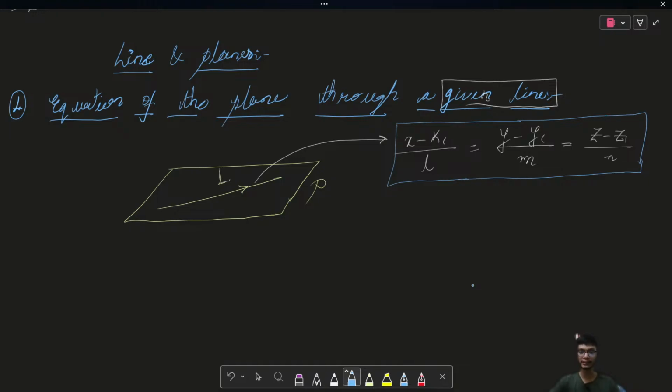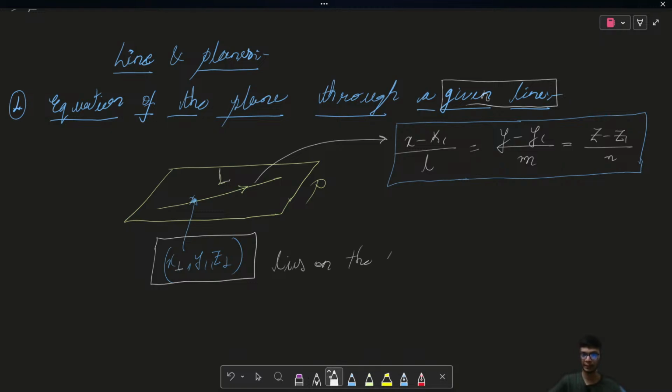Now what I can understand from this is that I know a fixed point that is lying on the line. So I can say that (x1, y1, z1) is a fixed point which is lying on the line as well as on the plane. So I can consider this as my fixed point on the plane as well.